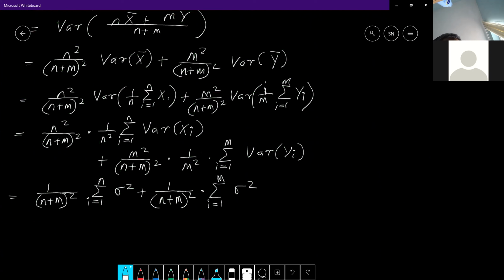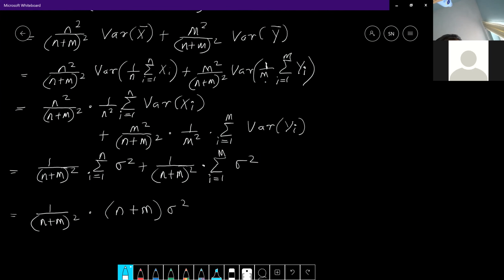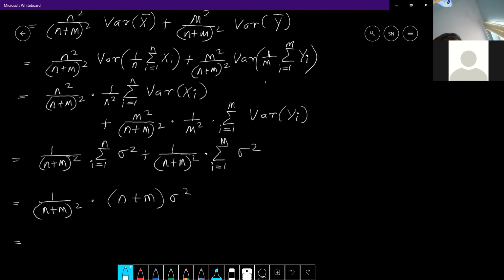So what you get is 1 over n plus m squared times n plus m sigma squared, right? So this is sigma squared divided by n plus m, right? So that's the expression for the variance of mu hat, right?